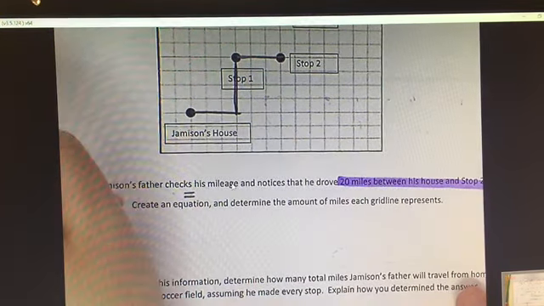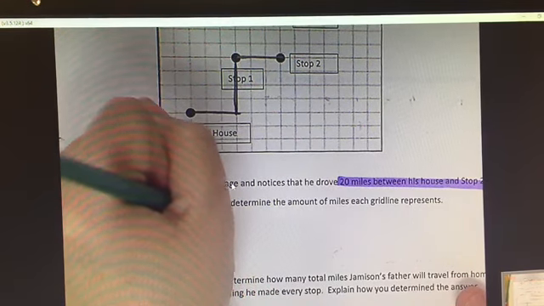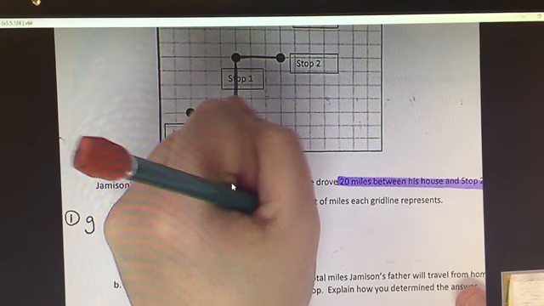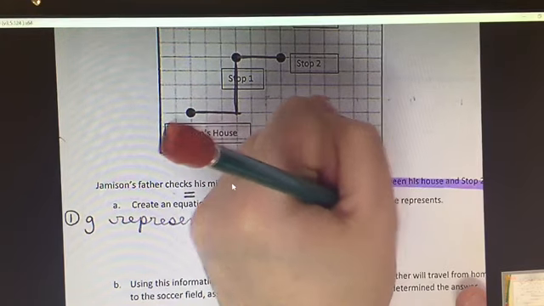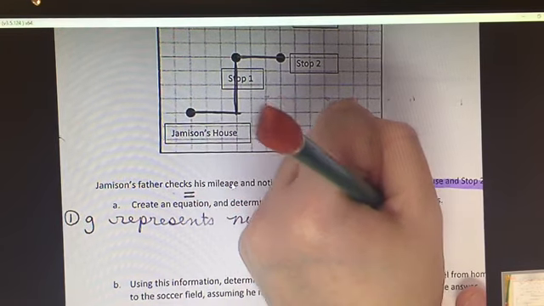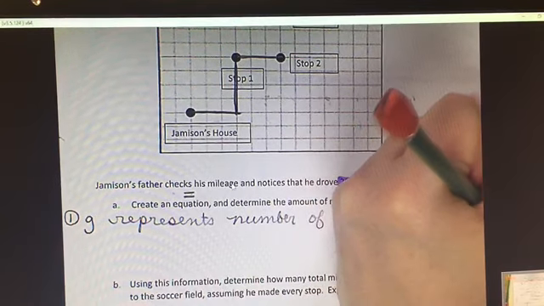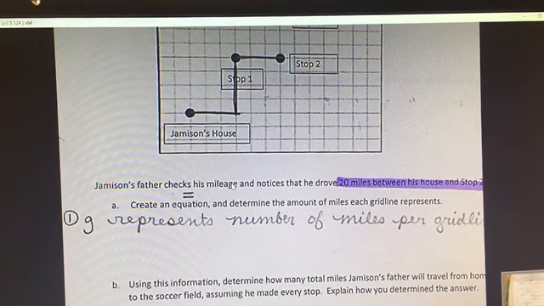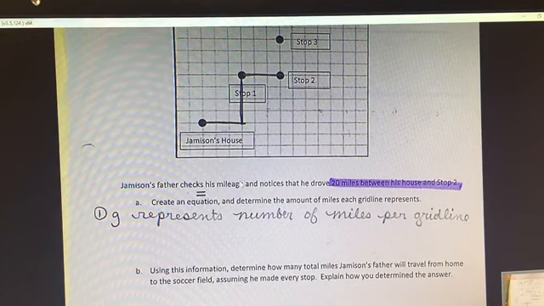So G represents the number of miles per grid line. And you could use X, you could use L, you could use W. It doesn't really matter what variable you use, but you need to tell me what it represents.